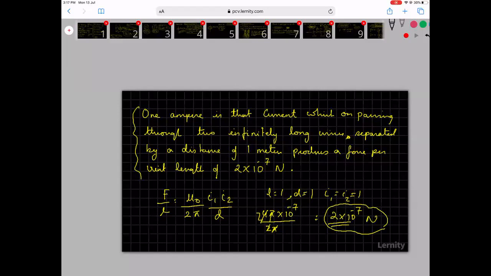If you go to the Geneva Weights and Measures Museum, they will show you what 1 ampere is. 1 ampere is that current which on passing through two infinitely long wires separated by a distance of 1 meter produces a force per unit length of 2 into 10 power minus 7 newtons. Okay, so make notes.